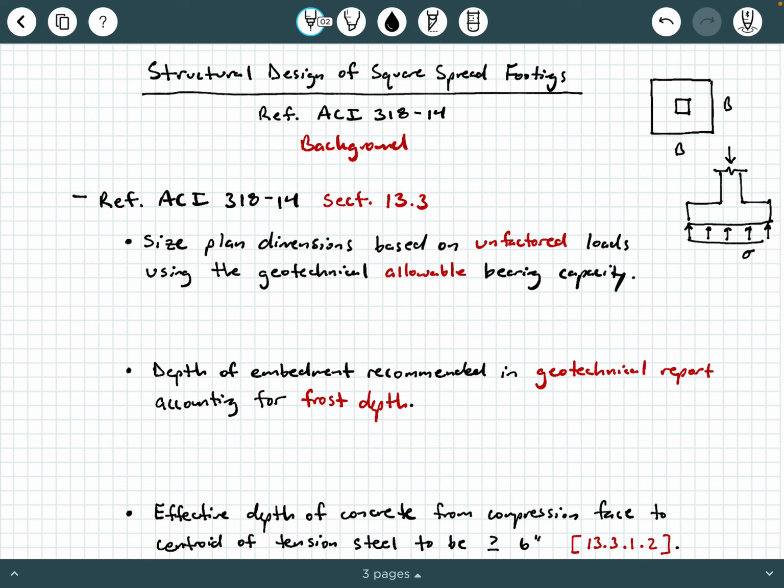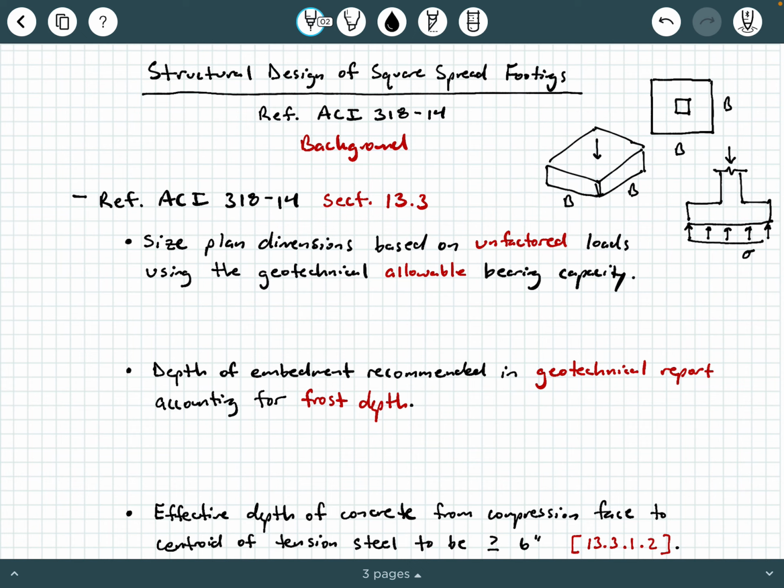So that's what we're looking at here. If you want to look at a plan view and a side view, okay? Now, if you wanted to, maybe sketch a 3D view, you can sketch it out like this. And you can show the thickness here. And you've got that load coming in right in the center. And this is B by B.